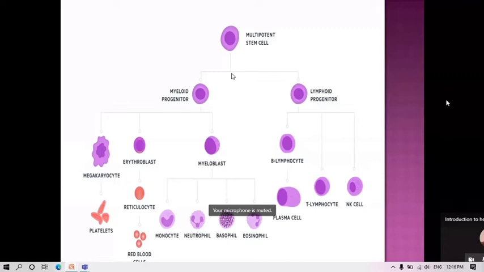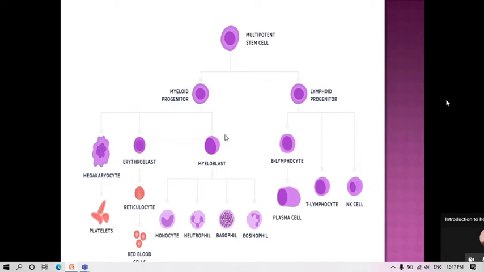cell will further differentiate either into myeloid progenitor or lymphoid progenitor. This myeloid progenitor will be able to differentiate into only myeloid cells, and the lymphoid progenitors can give rise to only lymphoid cells like B lymphocyte, T lymphocyte or natural killer cells, while the myeloid progenitors can differentiate into myeloblast, and from the myeloblast they will further mature into monocyte, neutrophil, basophil or eosinophil.